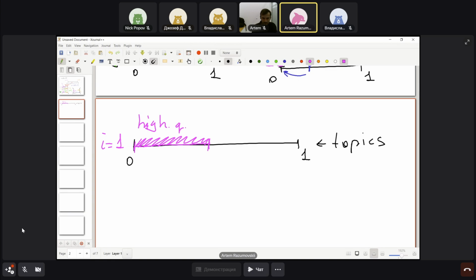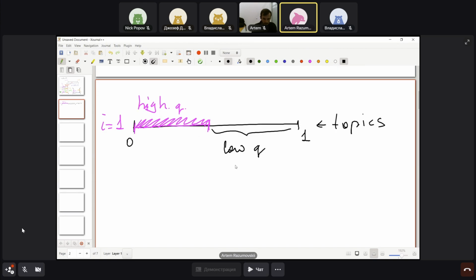And then what is left is produced with low quality. Then we are thinking about the second agency. Let's say they decided to produce that interval with high quality. Yes, so that will be high quality, and the rest will be low quality.